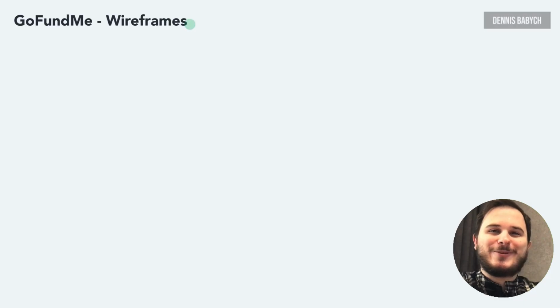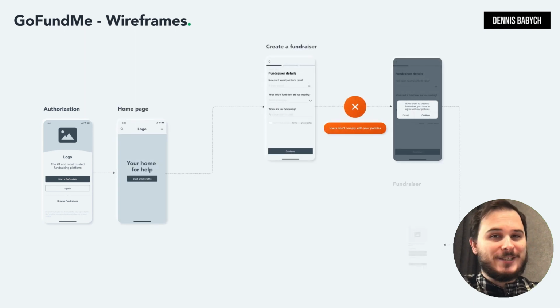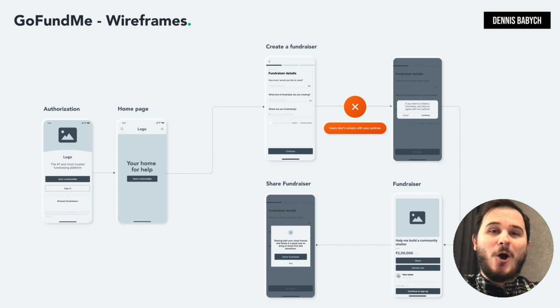Alright, when it comes to creating a killer app, wireframing is a must. Think of it as the blueprint for your app's success. You need to map out all the user scenarios and cases to make sure you don't miss any crucial functionalities. Let's take an example of a crowdfunding platform. You need to think beyond the basics like authentication, payments, and donations. You also need to consider what to do in cases where users don't comply with your policies.